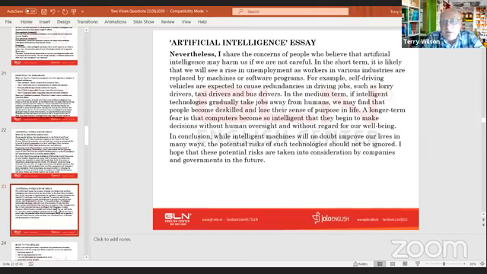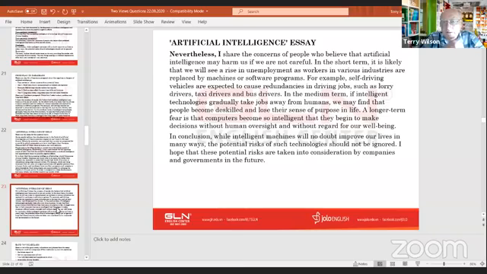And here we have the paragraph that shows a progression from the short term to the medium term to the longer term. So in the short term, self-driving vehicles are expected to cause redundancies in driving jobs such as lorry drivers, taxi drivers and bus drivers.